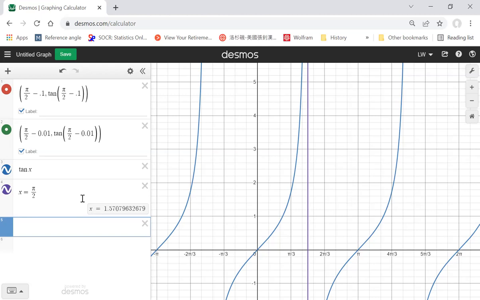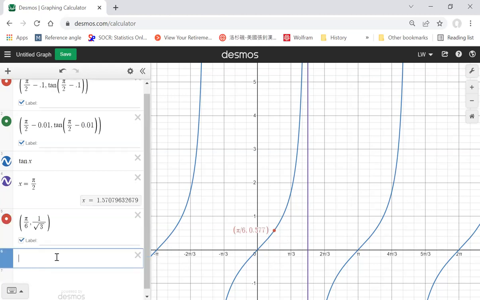Let me plot a couple points we are familiar with. For example, pi over 6. The ratio on tangent is going to be 1 over root 3, square root of 3 over 3. Sometimes people write 1 over root 3. That's not a problem. Okay, so that's pi over 6.